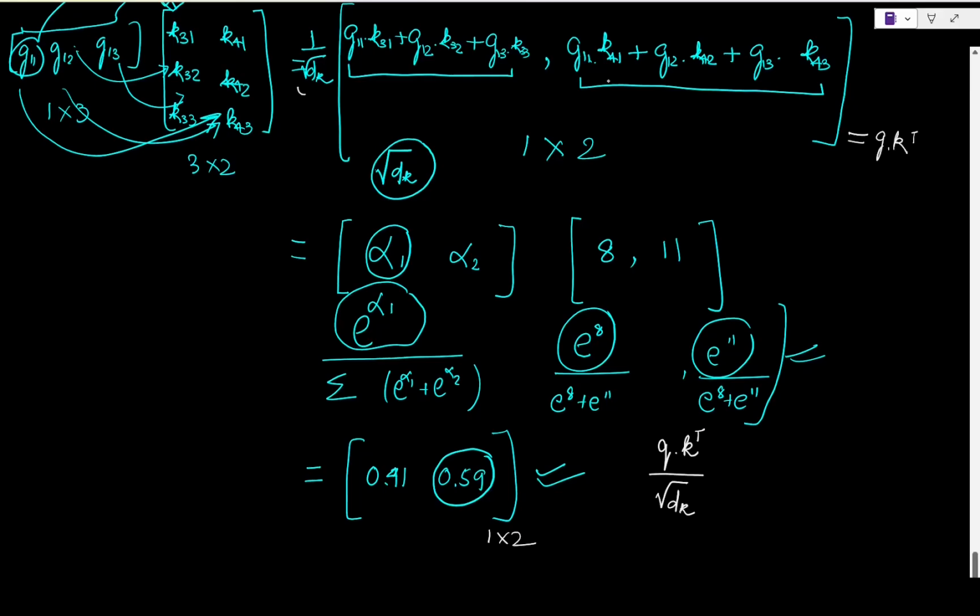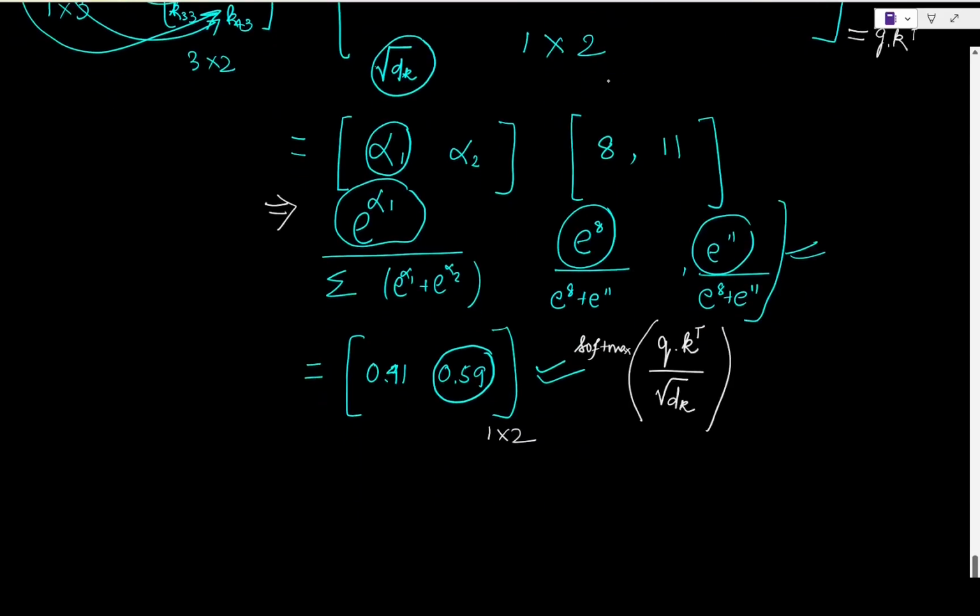Then we divide it by the square root of dk for normalization purposes. Then we take the softmax on top of this, and finally we arrive at this 1 by 2 vector. Now, what does this 1 by 2 vector represent? It represents the importance of the two keys in the context of the given query, which was Henry.